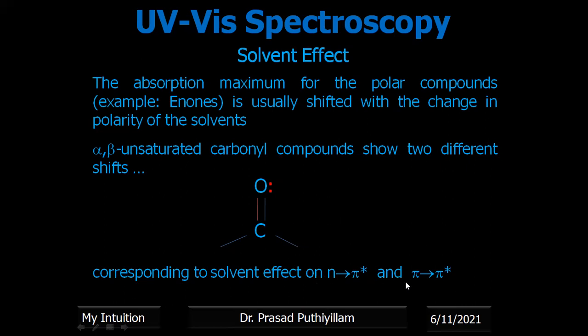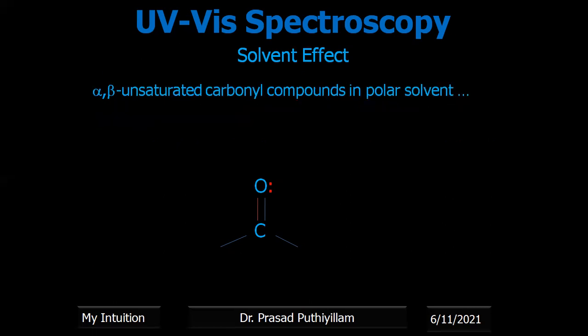Therefore, n to pi star and pi to pi star are the two possible transitions. When this compound absorbs UV visible radiation, these two types of electrons shift to higher energy, meaning they absorb the energy and get converted into the pi star type anti-bonding molecular orbital.